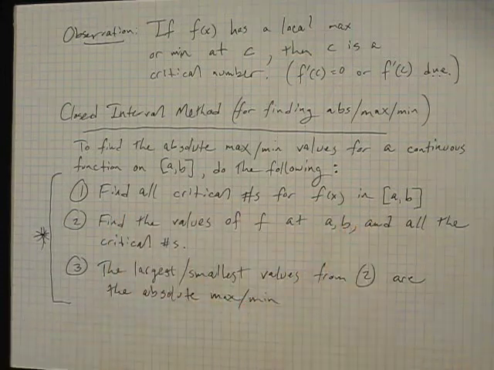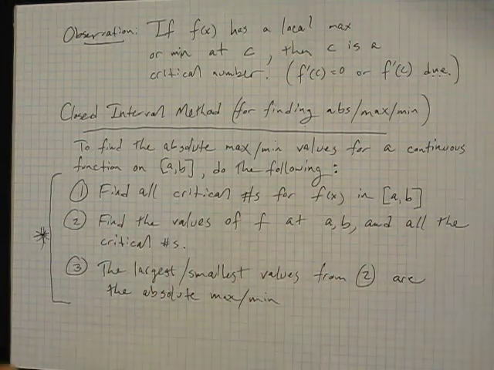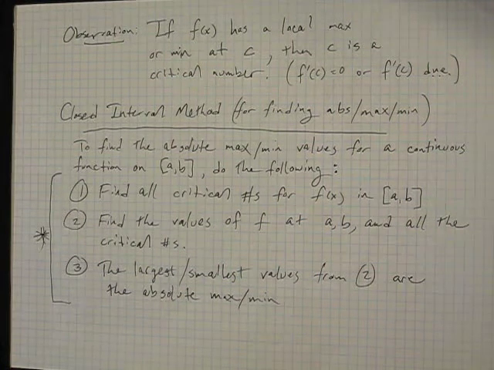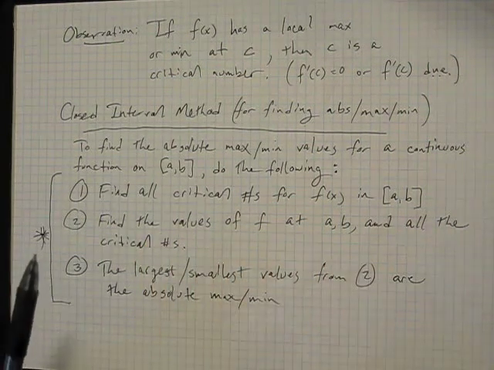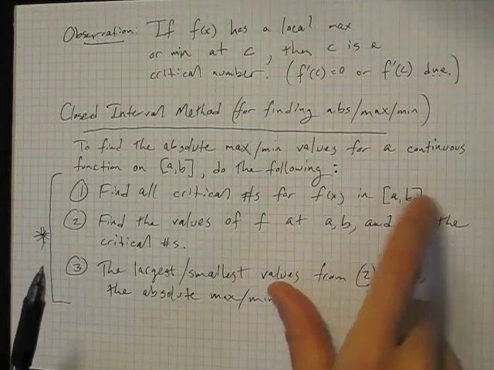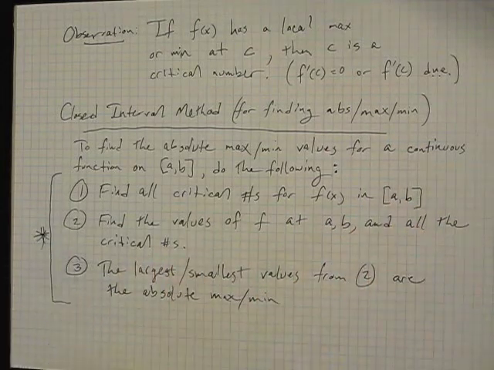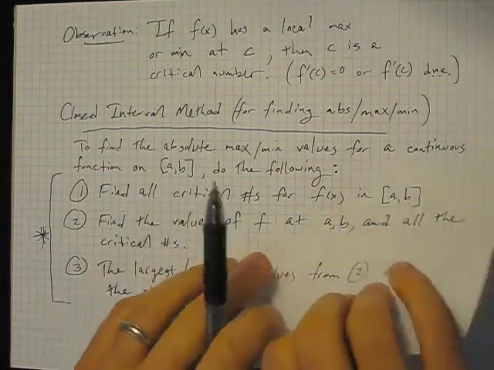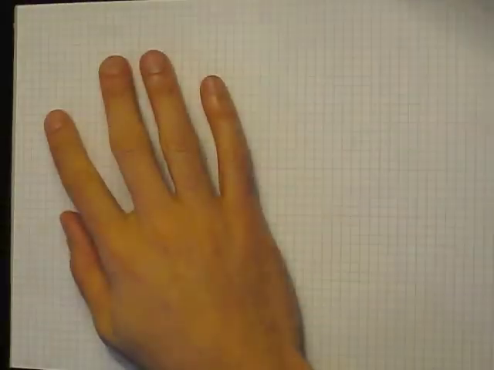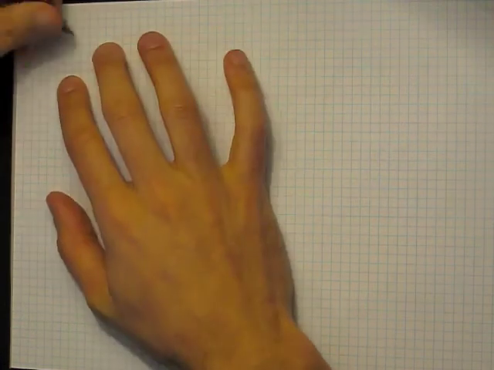We find all of the critical numbers, so these would be the places where we suspect there could be an absolute maximum or an absolute minimum. And then we find all of the values at both the endpoints of the interval and at these critical numbers, and then we just look at those. So let's take an example where we employ this method here.